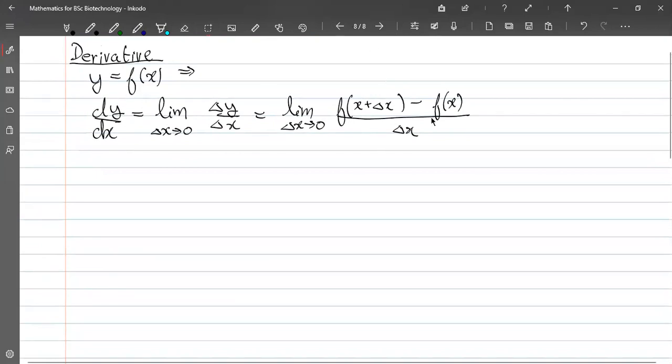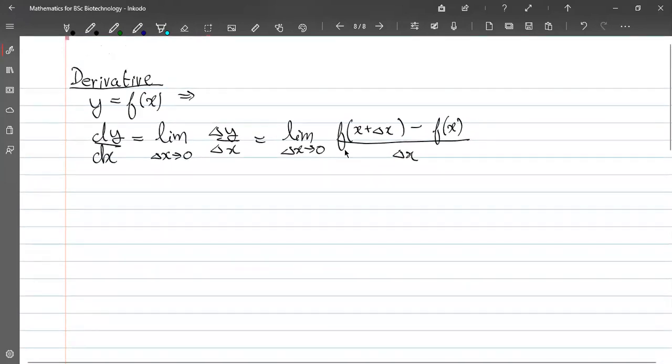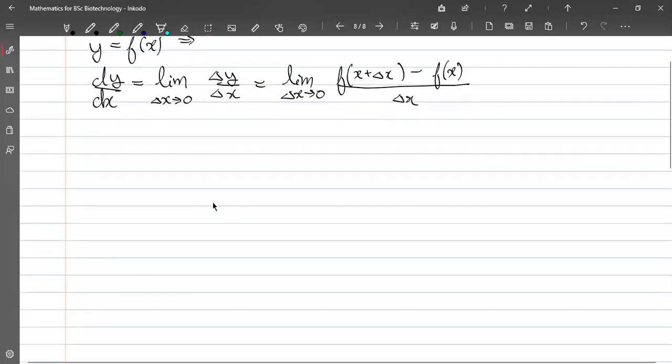So this is the definition you have to remember. Again, when we do examples, you will know how to apply the definition. Okay.